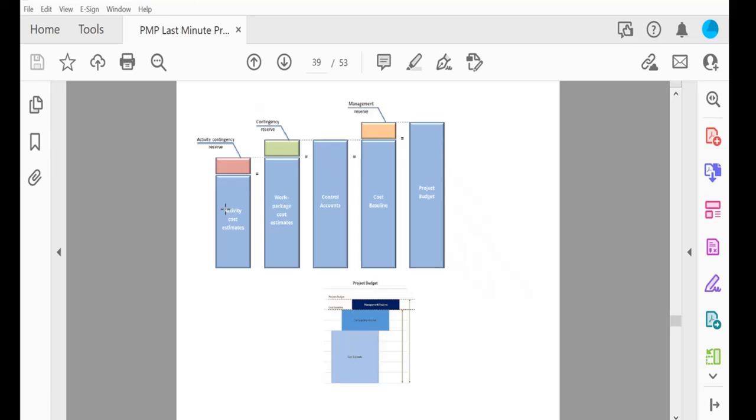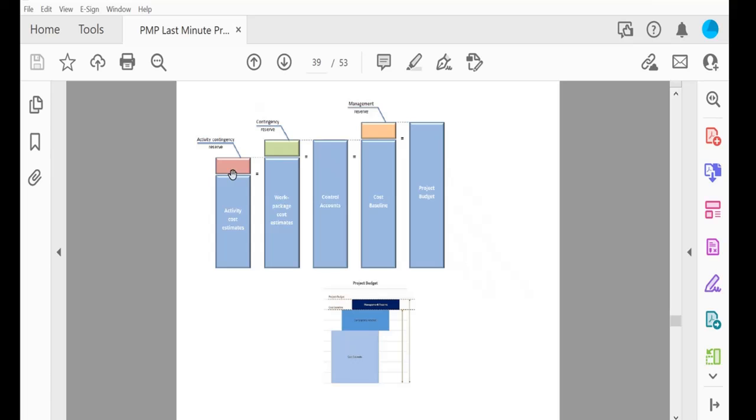The required painting is 2 liters, but we calculate that there may be some waste of paint, so we purchase 3 liters. 1 liter is for the contingency. So to each activity we are adding some risk money. Are you with me? Yeah, I'm trying to understand. Okay, so to each activity we add some contingency reserve.